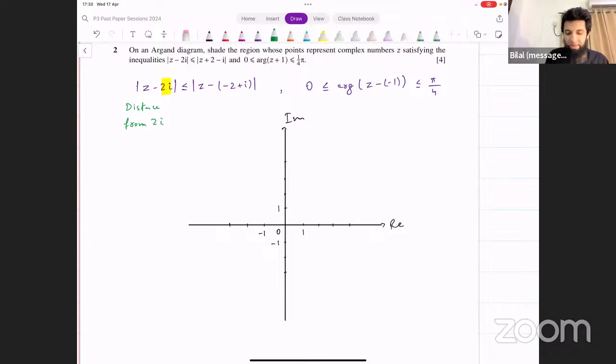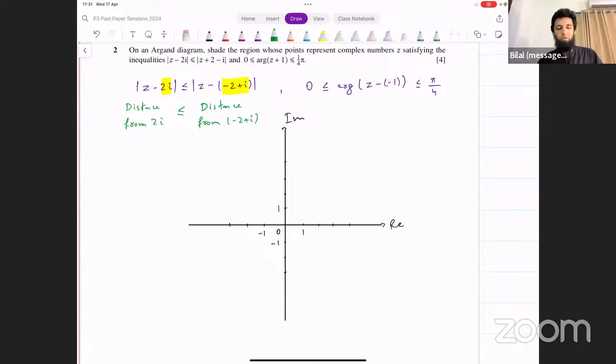That is supposed to be less than or equal to the distance of z from this point, which is minus 2 plus iota. So we're talking about 2 points. Z is such that from one point, its distance is less than that of the other point.